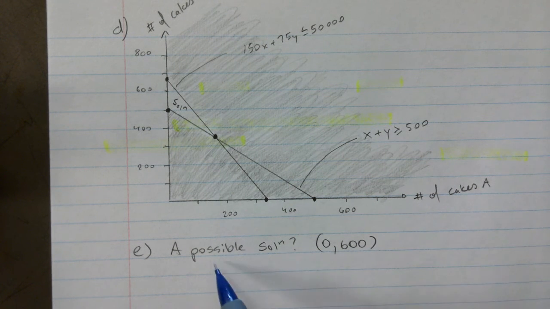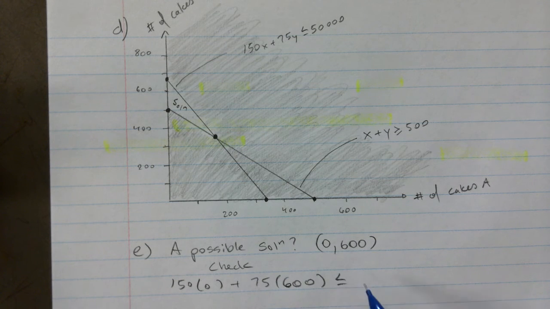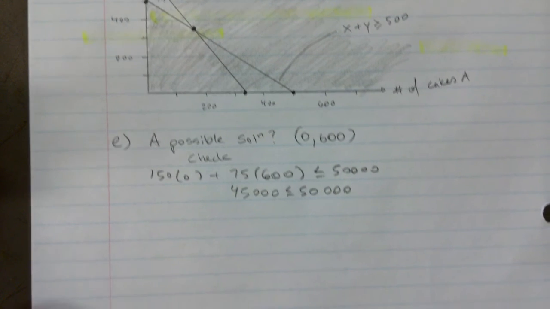So check. You have to check it for both. Right, so that's 75 times 600, sorry, that's 45,000. Can barely see that, eh?